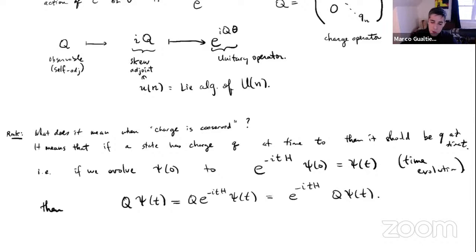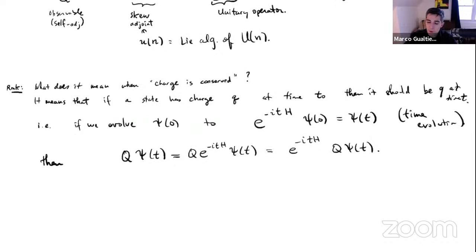If the charge operator commutes with this unitary time evolution, that means that in a way the charge operator does not see the Hamiltonian. The charge operator has certain eigenspaces and certain eigenvalues, and the Hamiltonian should preserve those eigenspaces, so it should commute with the charge operator.